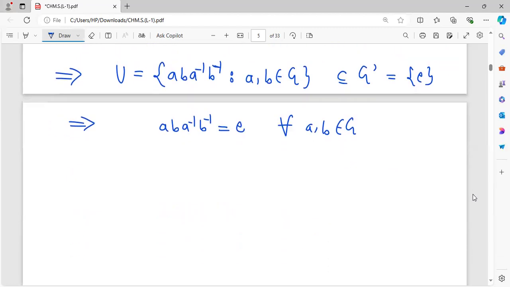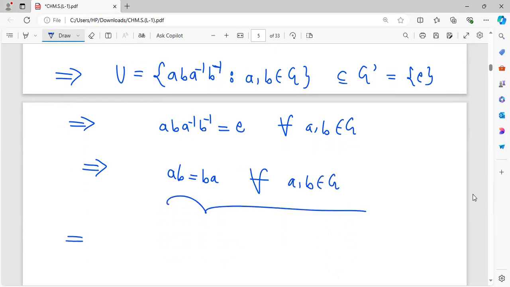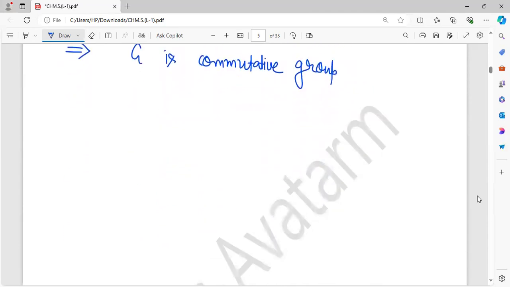So each element will be equal to the identity. So this implies ab is equal to ba for all a, b belongs to G. So what is the meaning of this property? This means G is a commutative group, and a commutative group is called an abelian group. So this implies G is abelian. Okay, so it is proved now. So the reverse direction is also proved.